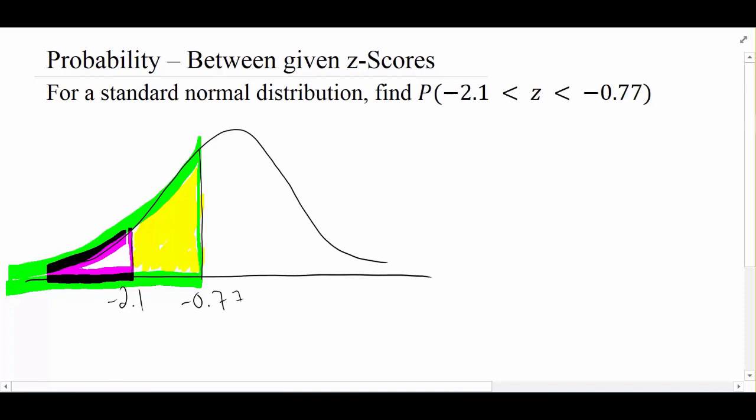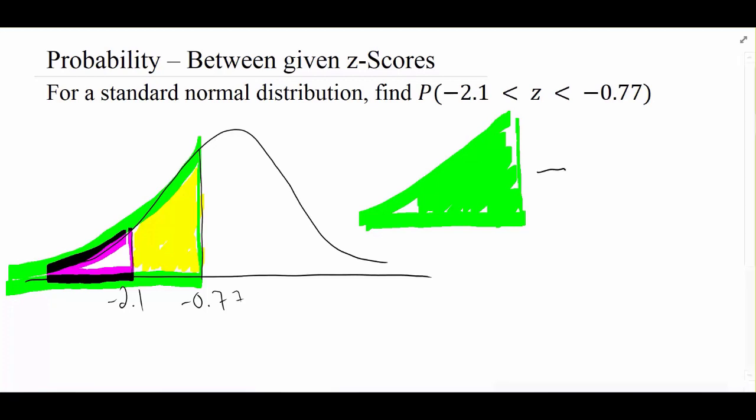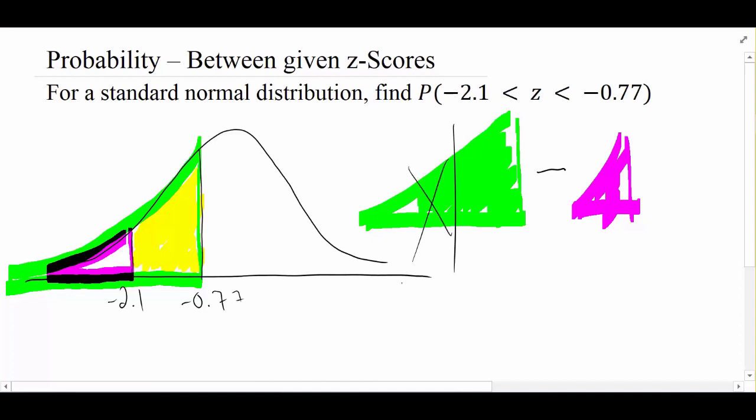So if we think about this geometrically, then the way we can do that is to take the bigger value. So we can take this big green one, and if we take that and subtract off the purple one, so what that's doing there is that's lopping off this portion of it. And that would get us back to what we're trying to find.